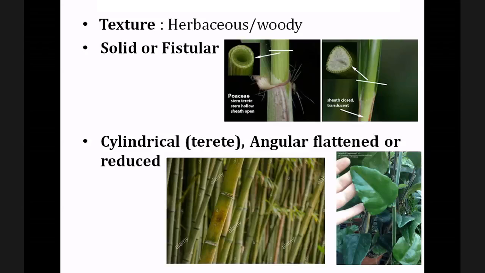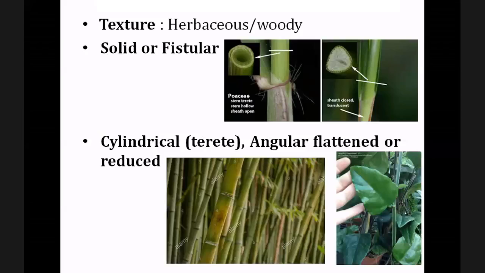Angular flattened is another category, the angular stem. An angular stem is not a round stem. The second picture shows the angular flattened.